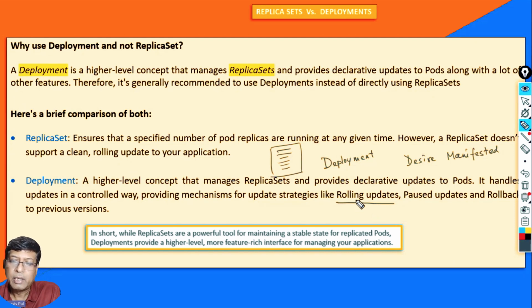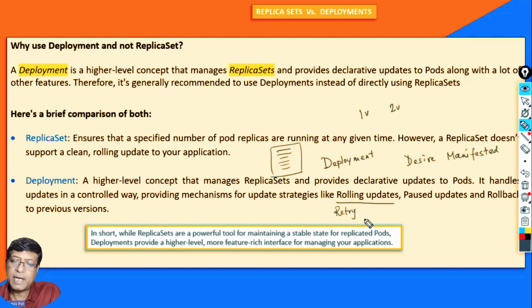And in that, you can give the rolling updates and the tolerance level, that means up to what is the retry. Say you are trying to deploy something or do a rolling update, updating from version 1 to version 2.